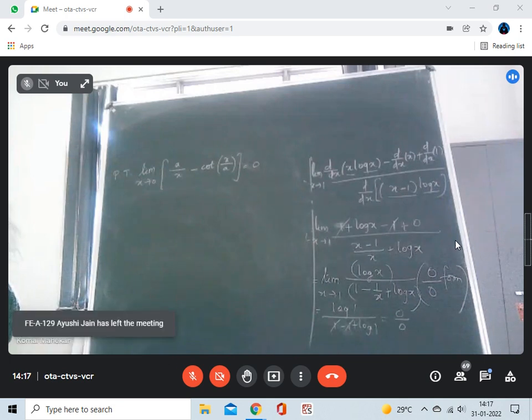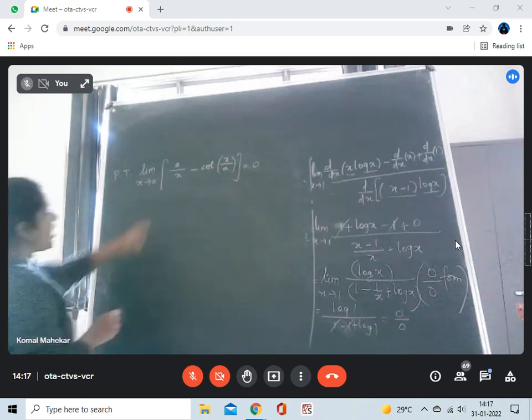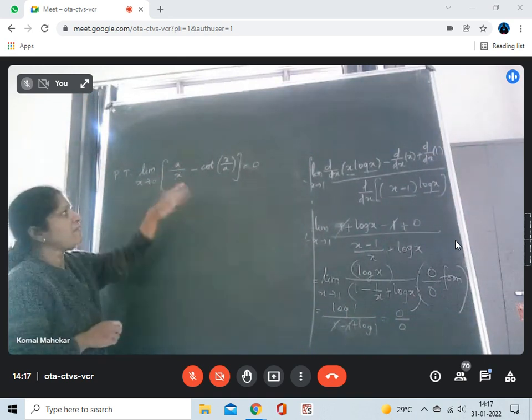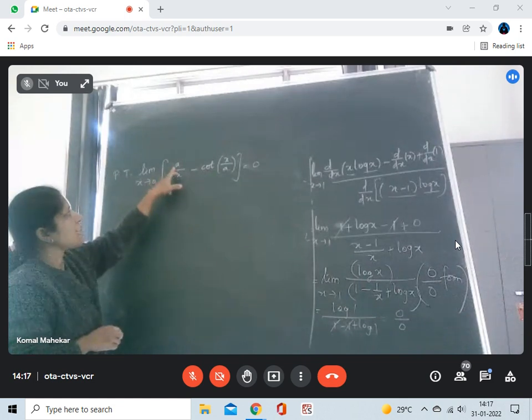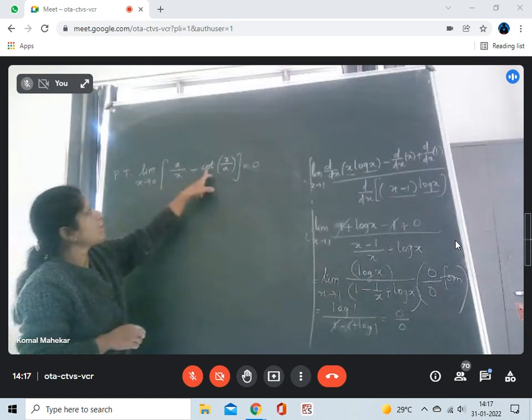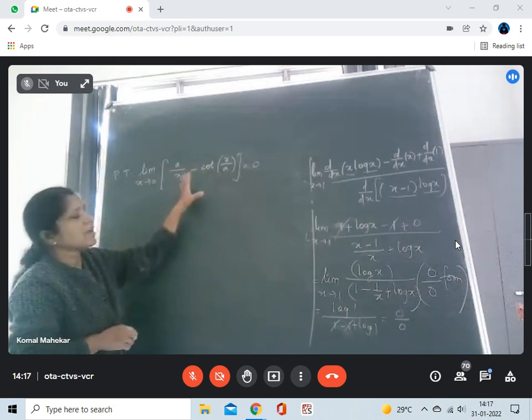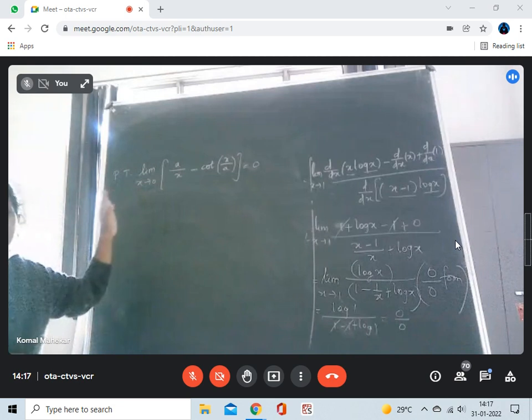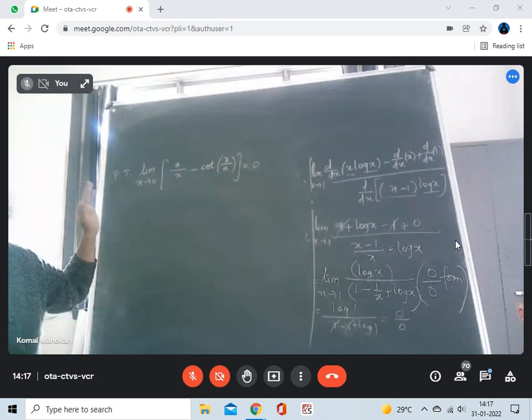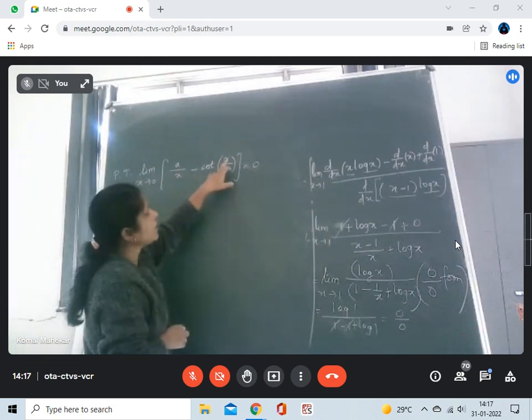Now here in this problem, a is some constant. We don't know the value of a. So if you put the value of x equal to 0, this is a by 0, and cot of 0 by a, that is again infinity minus infinity form. But here the cot angle is x by a.